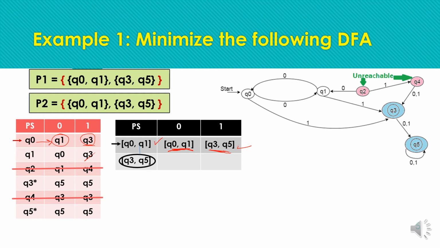Now checking the transition of the next state, that is our final state Q3 Q5, starting with the input symbol 0. You can go for any of the states. Suppose we have to find the transition for Q3 Q5, you can check the transition in the previous table for Q3 or for Q5. So now let's go for Q5. From Q5 we are moving to state Q5 for the input symbol 0.